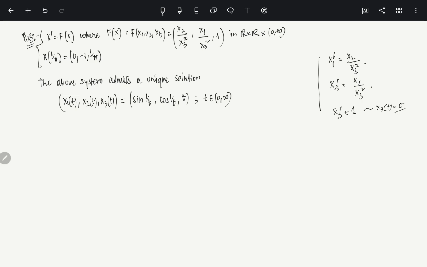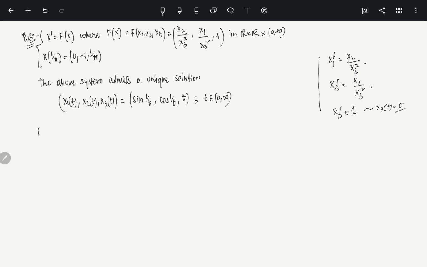So this is there. Now you see this particular problem. For this solution to work, t has to be between 0 and infinity. Yes, that is given, right? Because otherwise, if t is 0, the sine and cosine, the first coordinate and the second coordinate, do not exist, right?